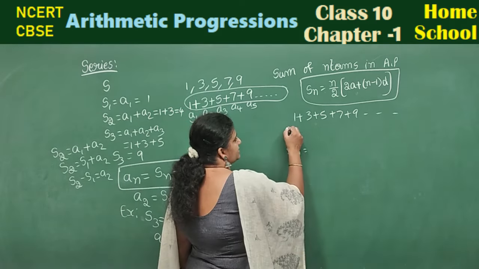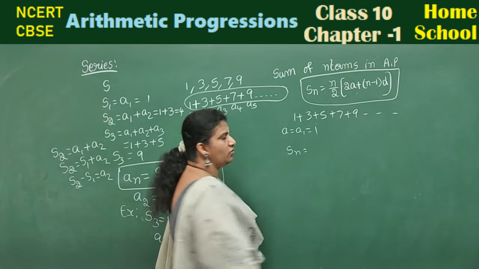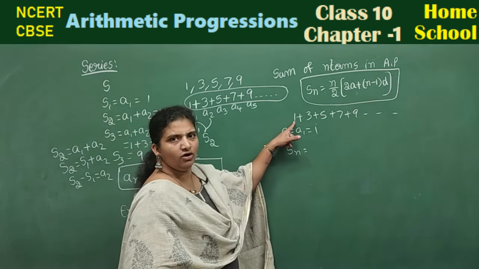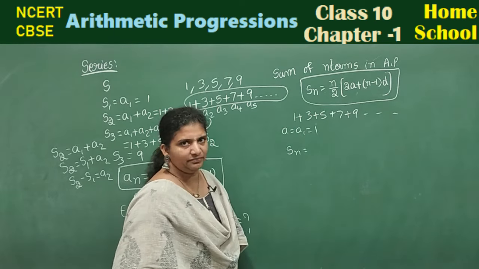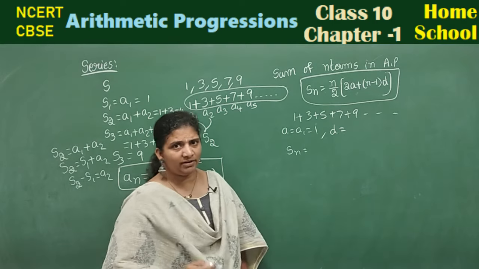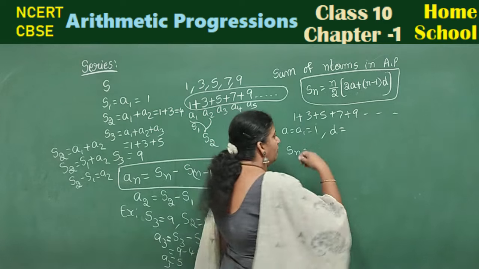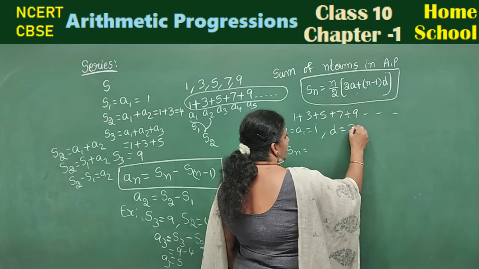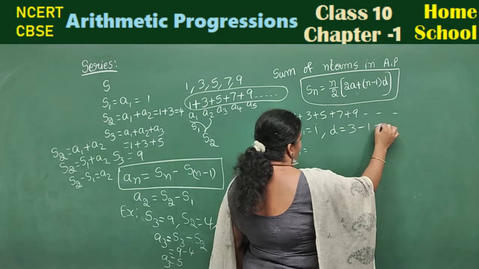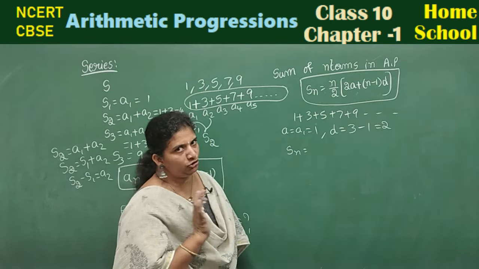First term a is equal to a1 is equal to 1. And now the common difference. How do we get the common difference? a2 minus a1 will give you the common difference. a2 is 3, a1 is 1. 3 minus 1 will be 2. Common difference d is equal to 2.